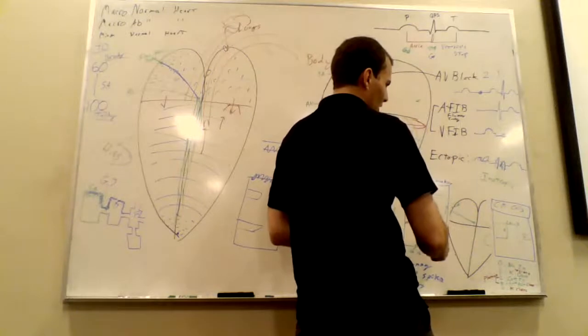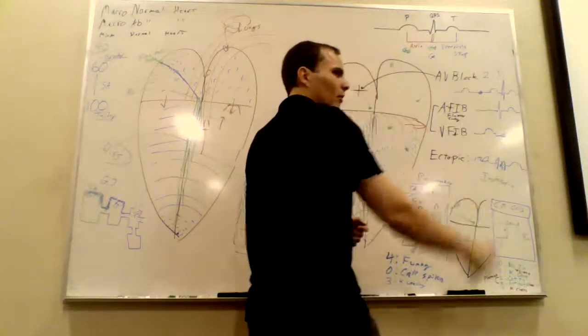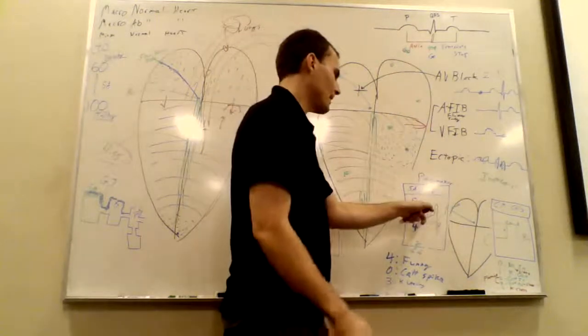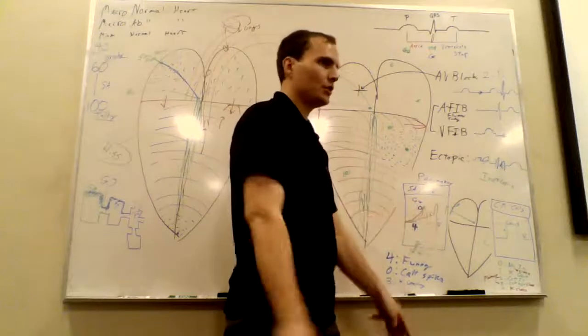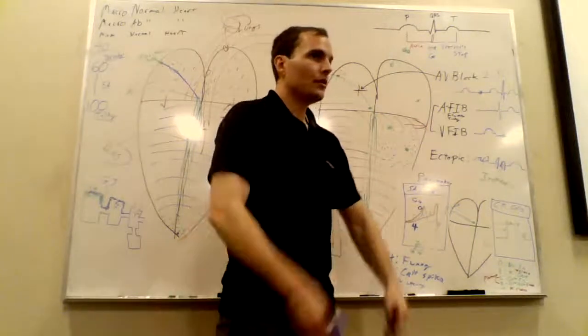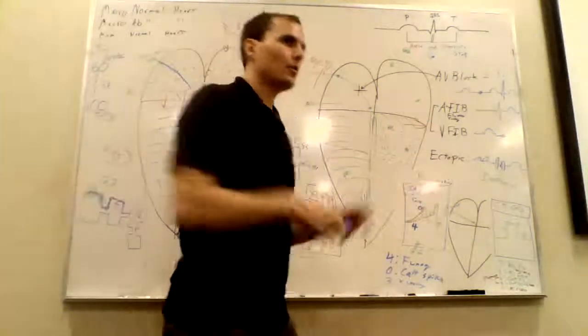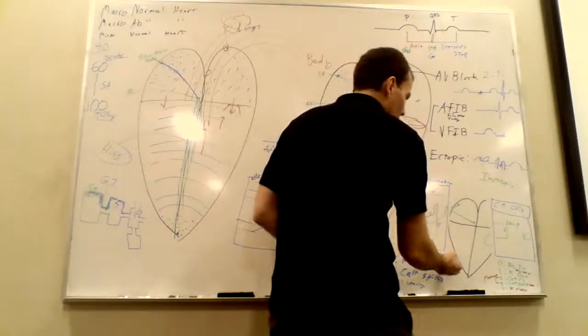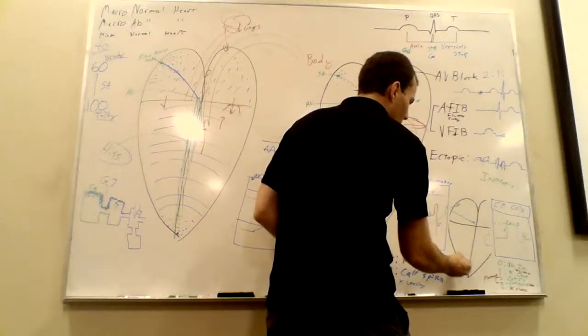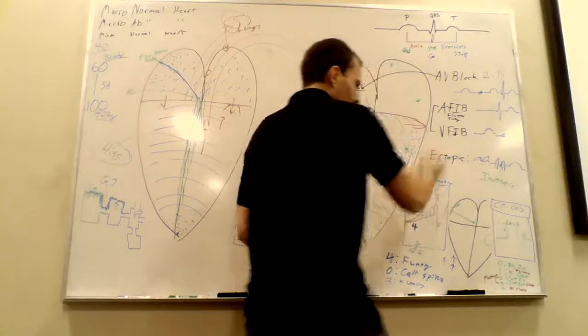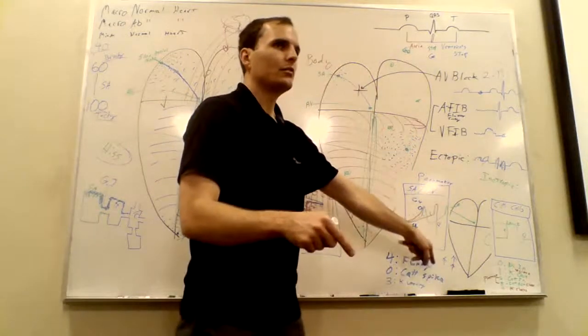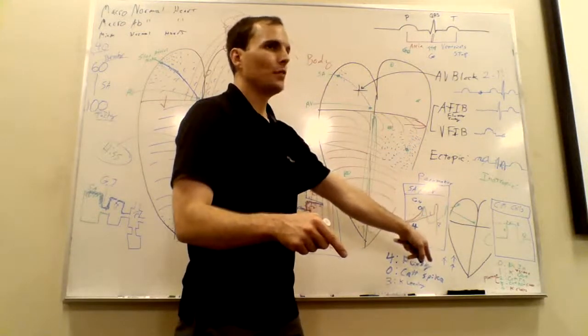If you have a lot of potassium outside the cell already, and you open your potassium channels to let potassium out, and there's already potassium out there. So hyperkalemia, outside, tons of this already. How much is the potassium that's in the cell going to want to leave? Not much.